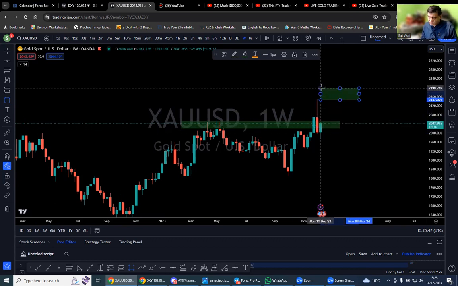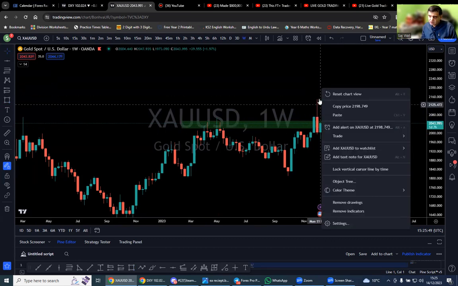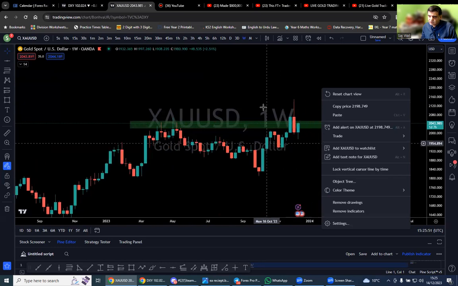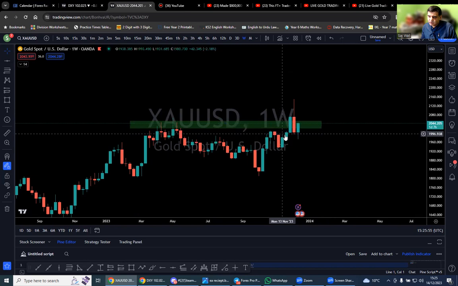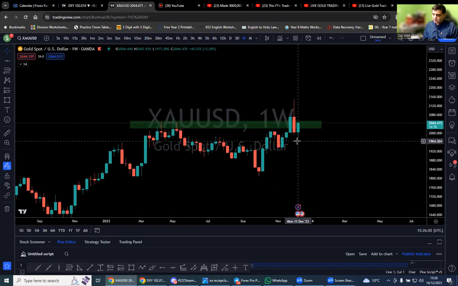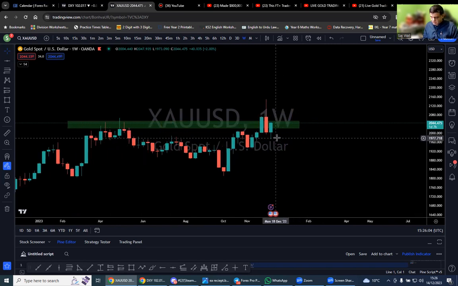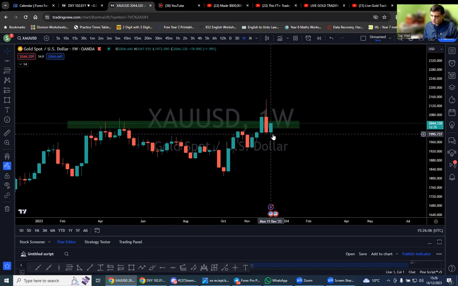So this was broken, and we had a retracement. According to this, this was a retracement retest after the breakout, and according to weekly, we should go up. Is that right? Yes. However, as soon as the price was at 1977, a lot of people thought, oh, the market may go down further.